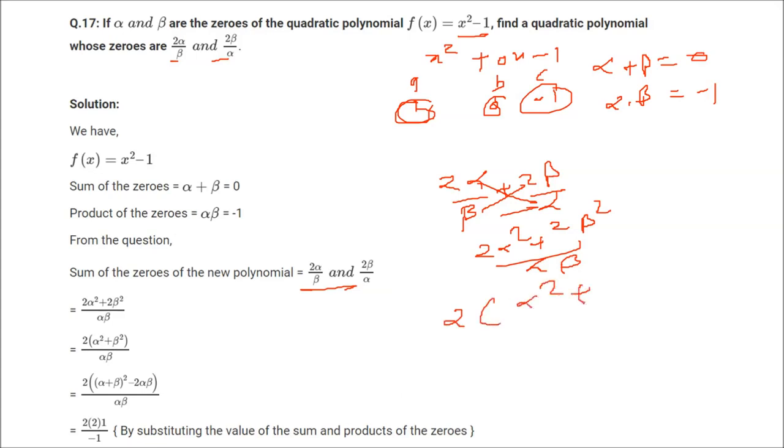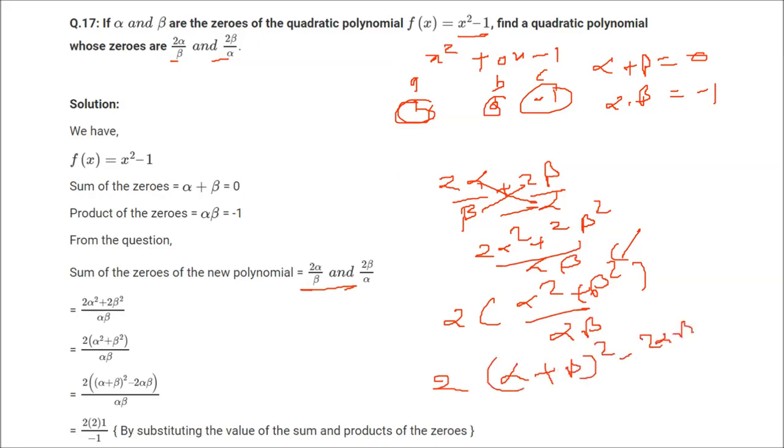Alpha square plus beta square by alpha beta. Alpha square plus beta square can be written as alpha plus beta whole square minus 2 alpha beta by alpha beta. Now alpha plus beta we know is 0, alpha into beta we also know is minus 1. Put in this place 0 and put in this place minus 1. When you put this value, you get this value.